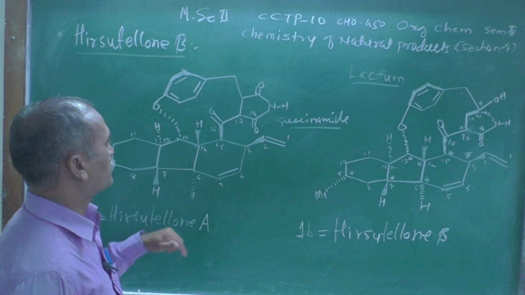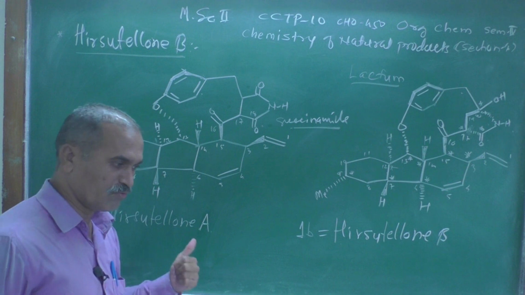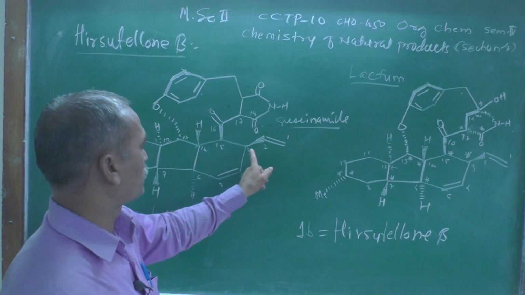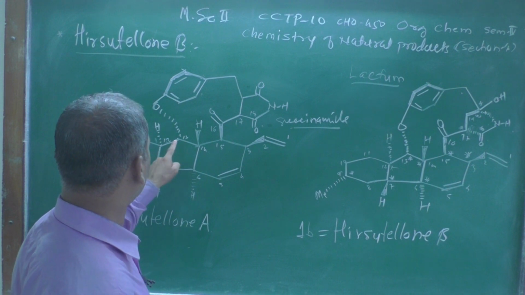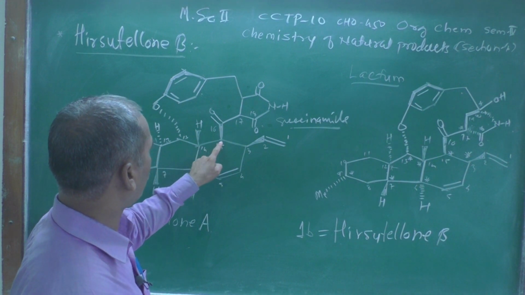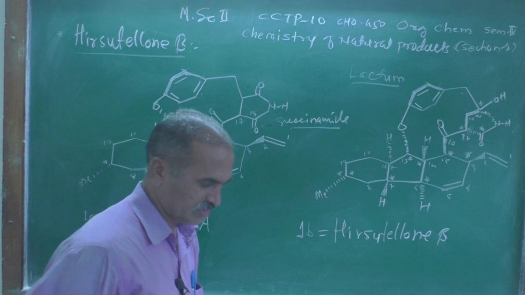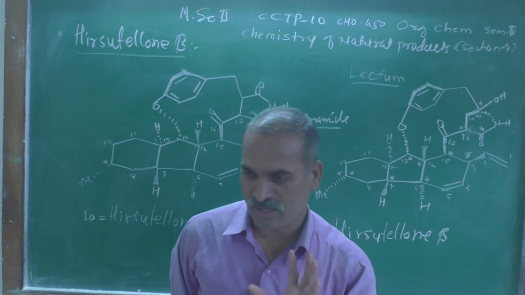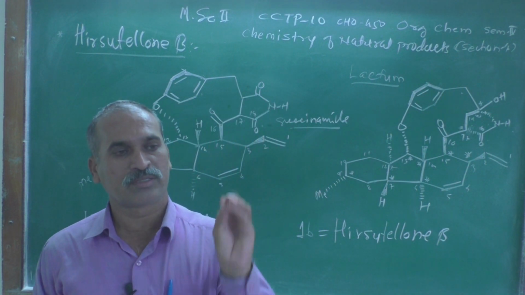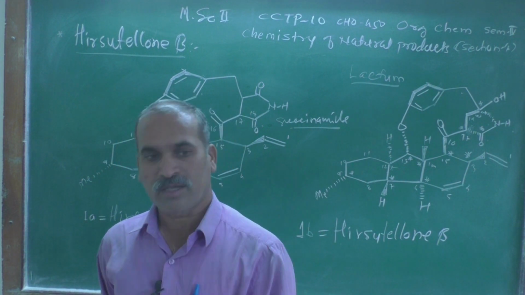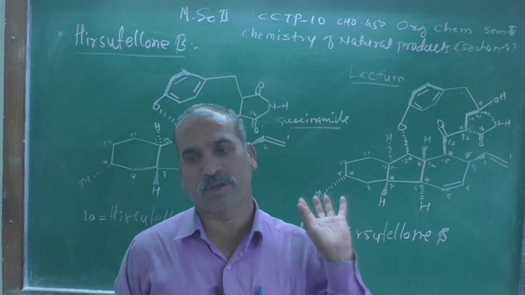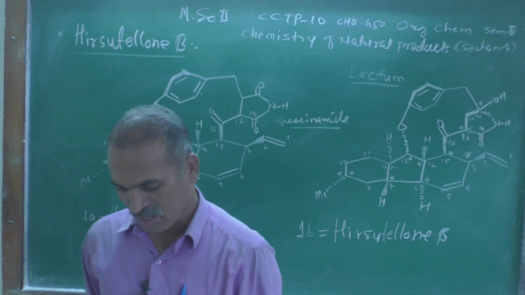If you observe this structure carefully, here also you will observe 10 chiral centers: 1, 2, 3, 4, 5, 6, 7, 8, 9 and 10. These are the 10 chiral centers. A chiral center means a carbon atom attached to 4 different groups is known as a chiral center.